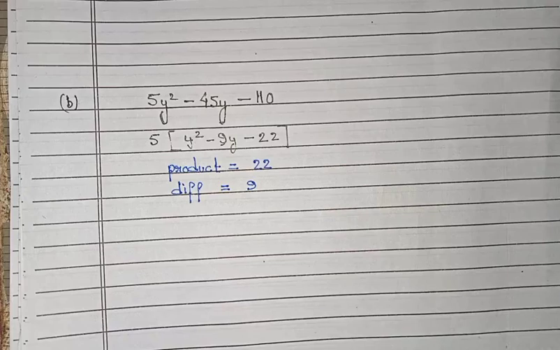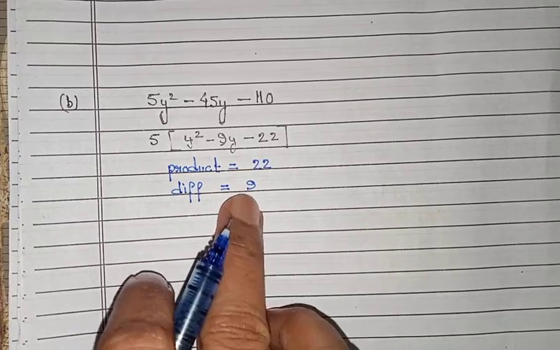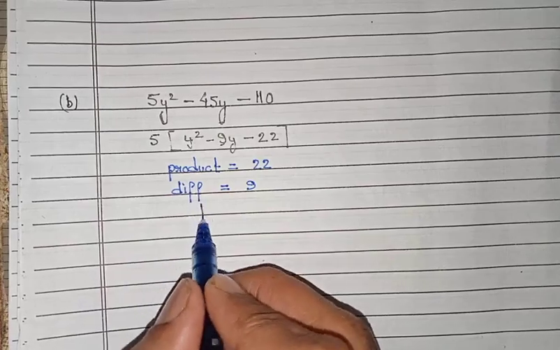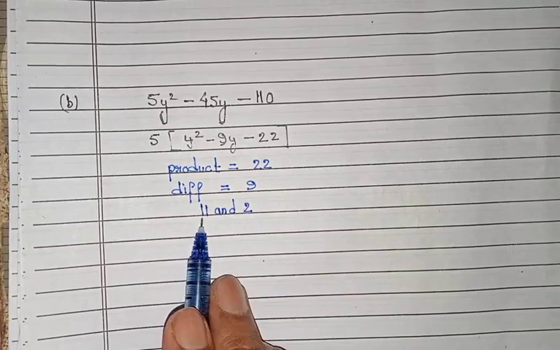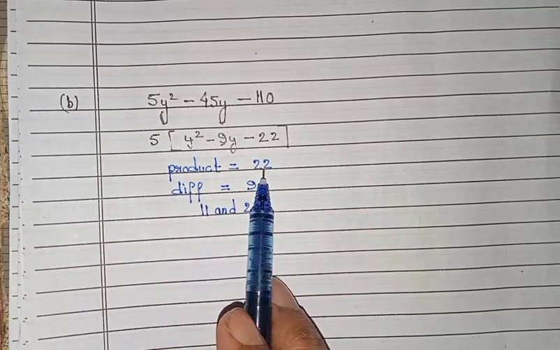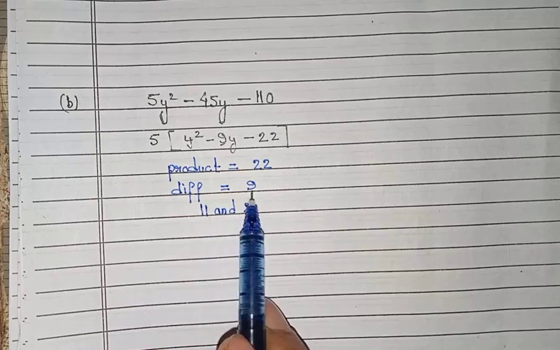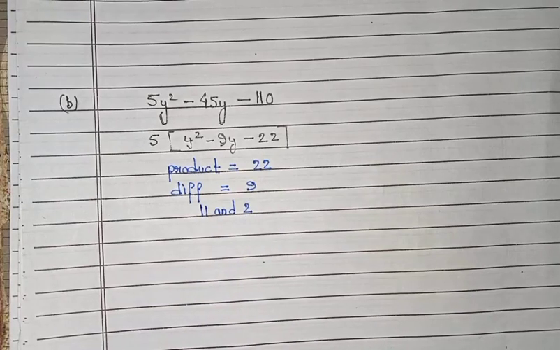So we need two numbers whose product will be 22 and the difference will be 9. The two numbers are 11 and 2.